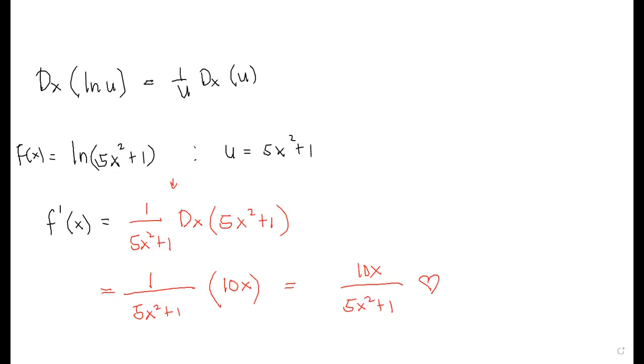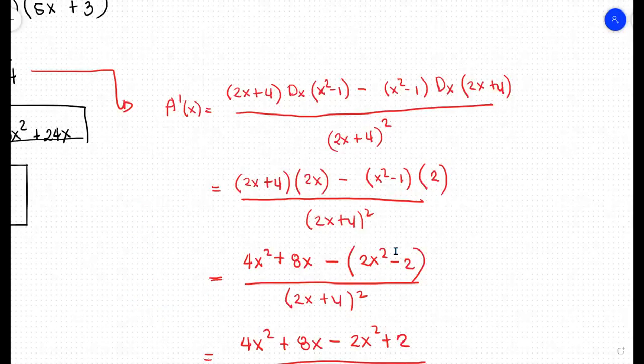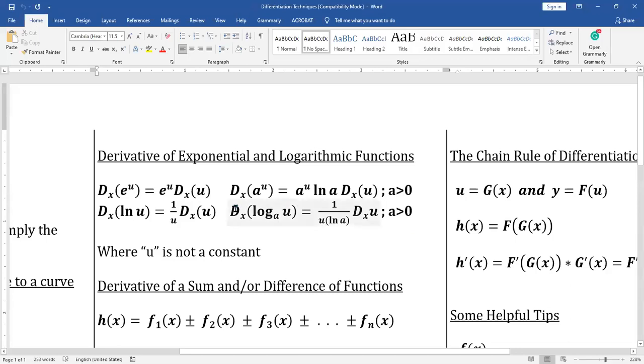So let me share back the formulas. Let's work on the last one under logarithmic expressions, where u is not a constant.